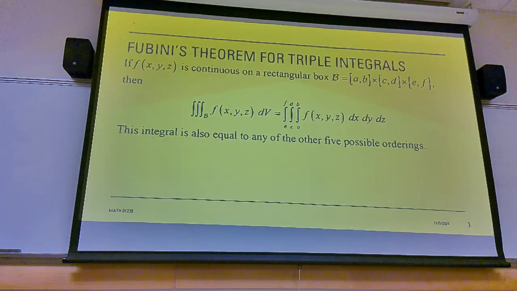And also, a lot of the time, it's generally easier to find bounds for the height in terms of x and y than it would be to find bounds for x in terms of y and z. Generally speaking.